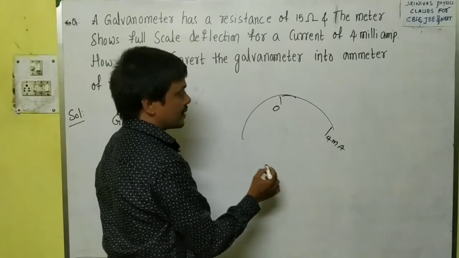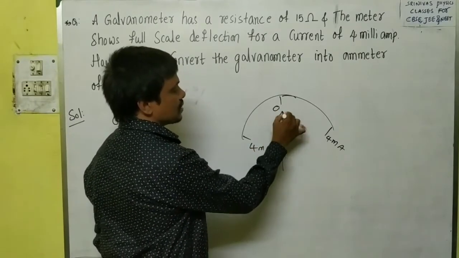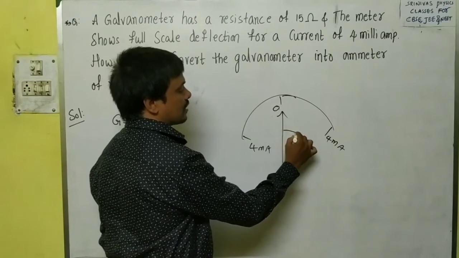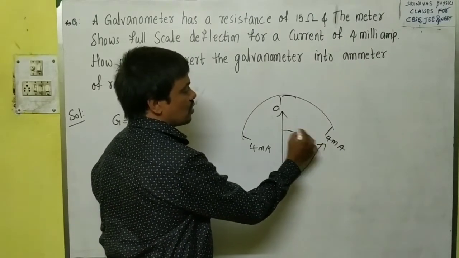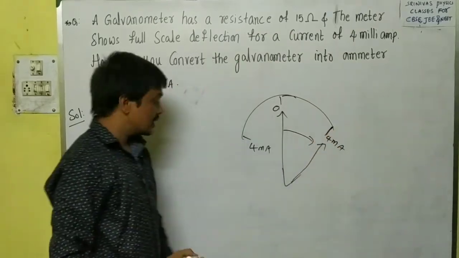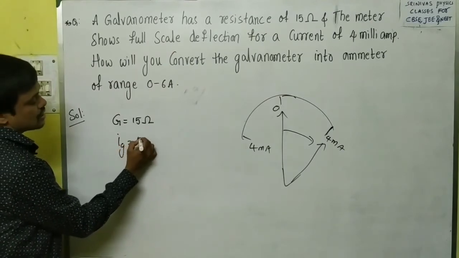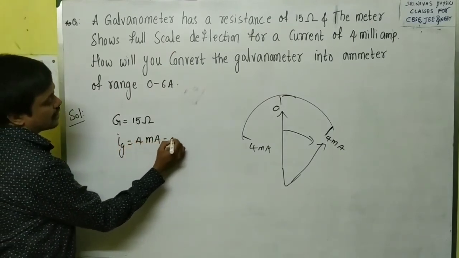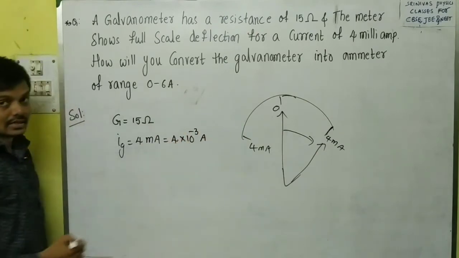The pointer will deflect and the maximum comes to here. That means the maximum current measured by the galvanometer is 4 milliampere. Milliampere is converted into amperes by multiplying with 10 power minus 3.